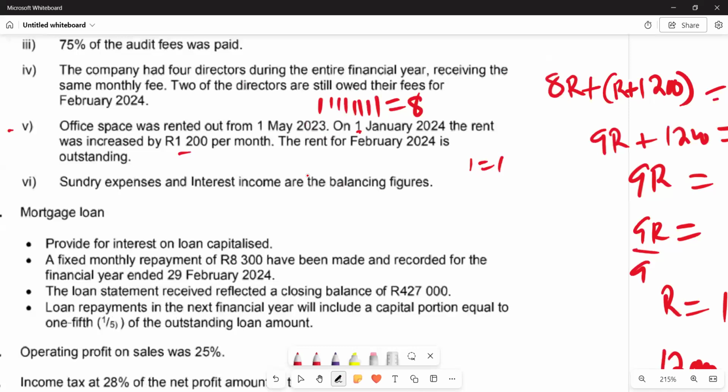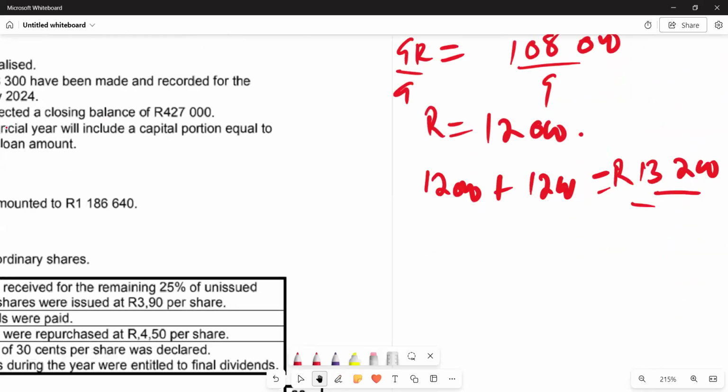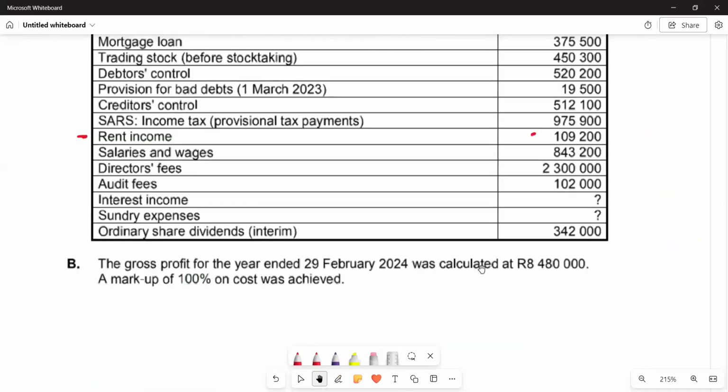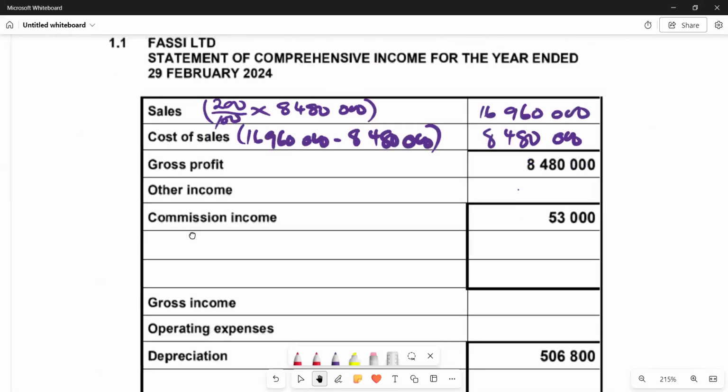When it's outstanding, we are supposed to add it. So we go down there and add our 13,200 to the figure for rent that we are given in the list of balances, which is 109,200. So go and adjust that. So here we are saying rent income.